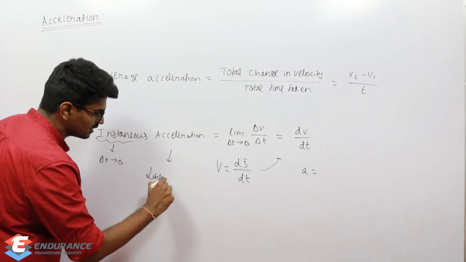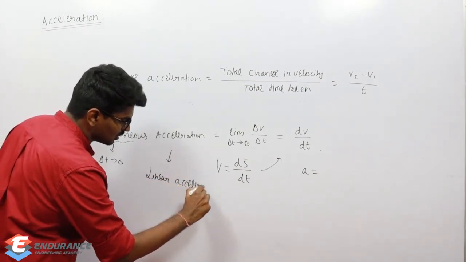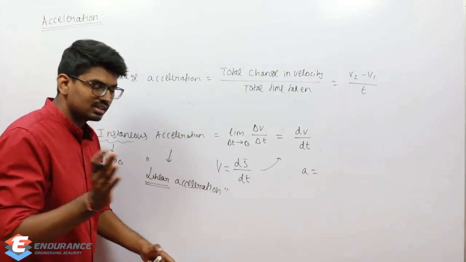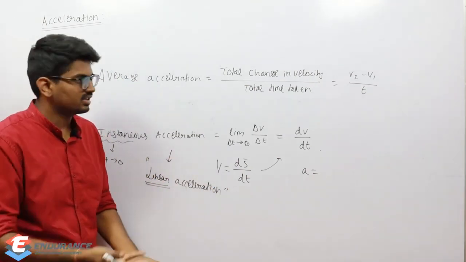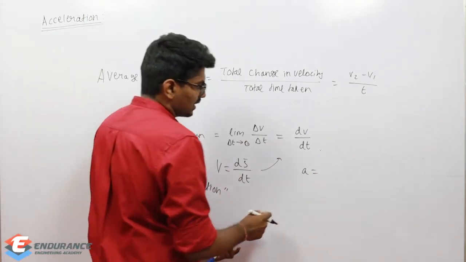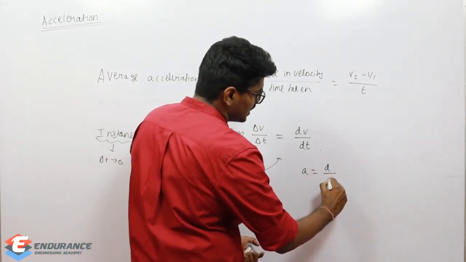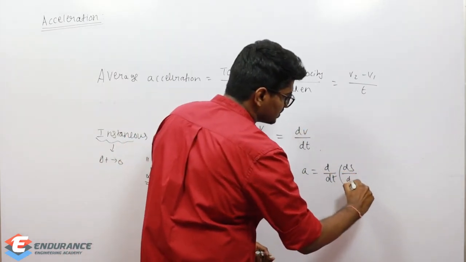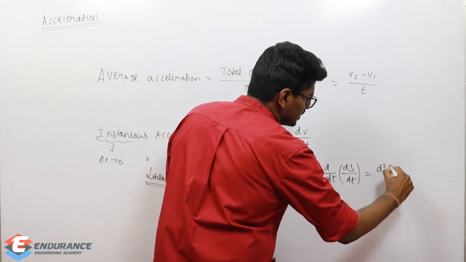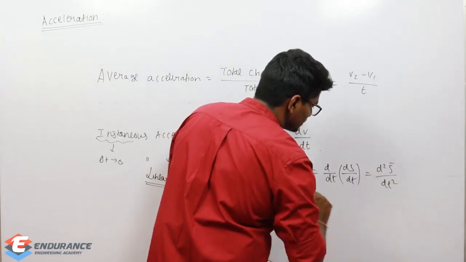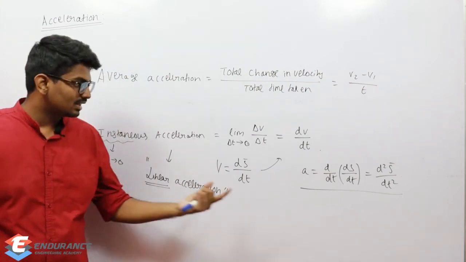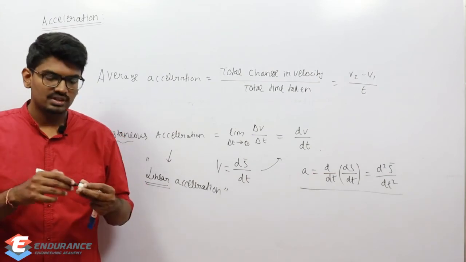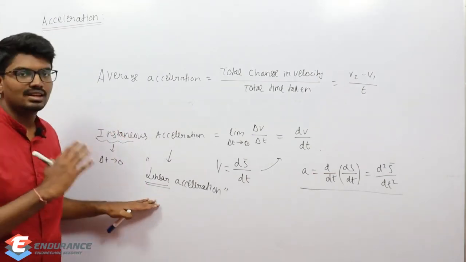Sometimes they will be calling it linear acceleration also, because there is one more classification, angular acceleration, that we will discuss separately in circular motion. So a will be equal to d by dt of, in place of v I can substitute the rate of change of displacement, right? So that will become d square s by dt square. So I can write acceleration either in terms of velocity and time, or in terms of displacement and time, and this is linear acceleration.